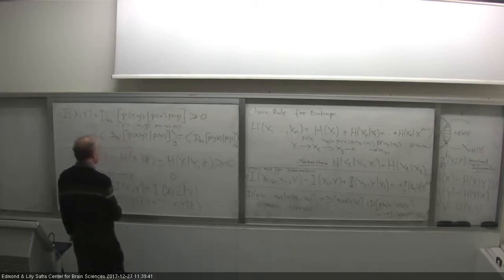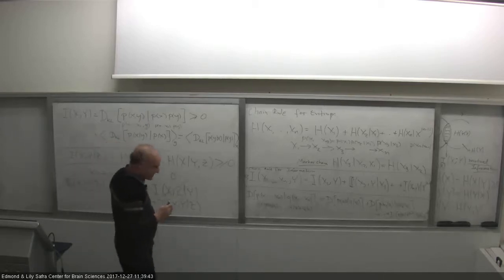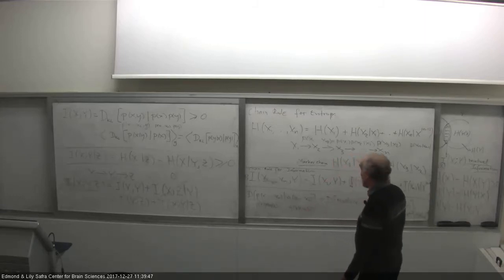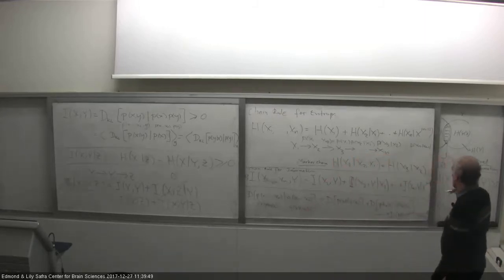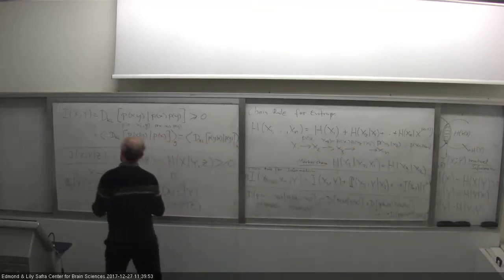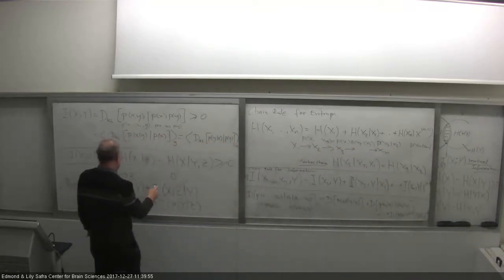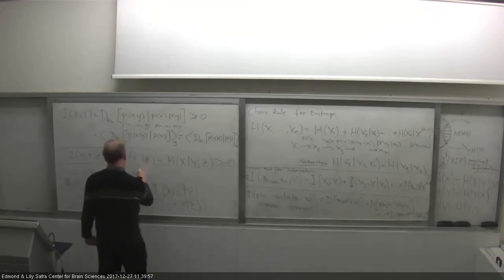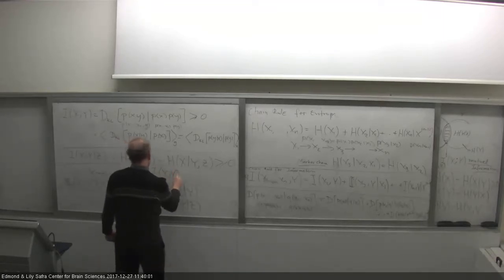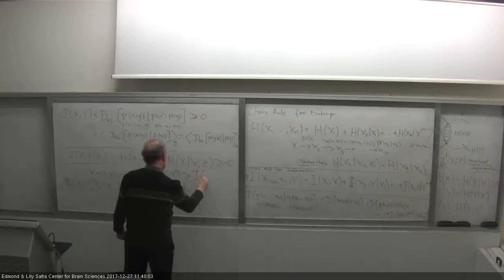This is still positive because of what you said, Hadass. What can be negative is when I start to condition on more than one variable, but this is strange. So this is still positive. And what I get from this is that I(x;y) is greater than I(x;z).